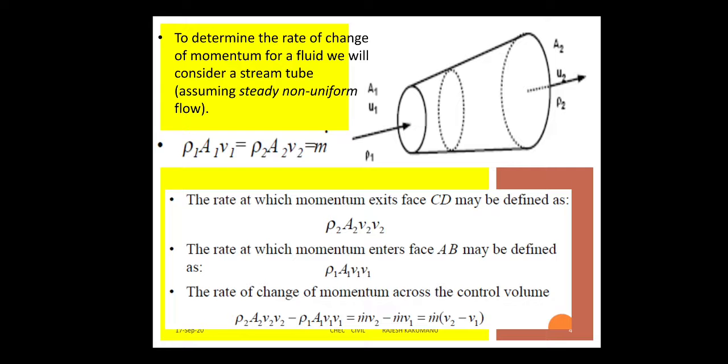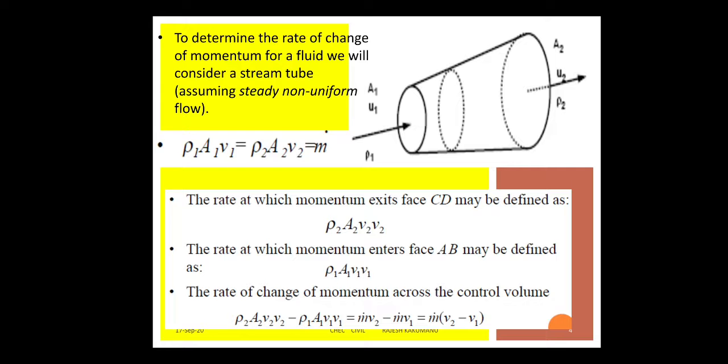Now the rate of momentum at CD, which is the outlet side, is rho 2 A2 V2 into V2. What is rho 2 A2 V2? That is equal to m, the mass flow rate. That's why we have two V's. So rho 2 A2 V2, or m into velocity V2, is the momentum at the outlet section.